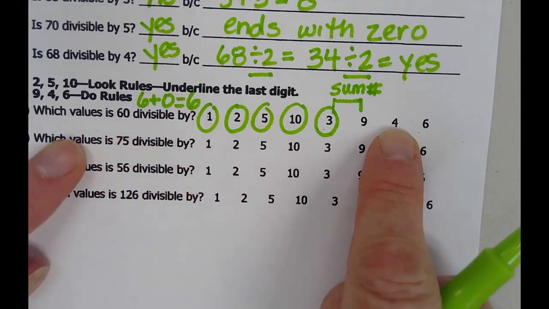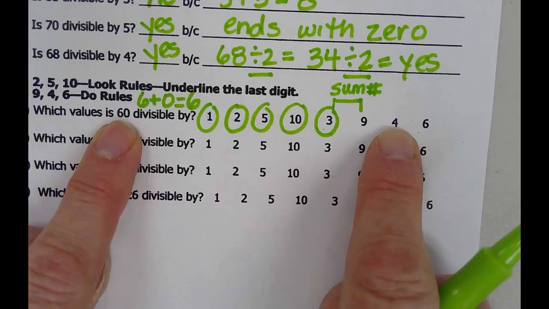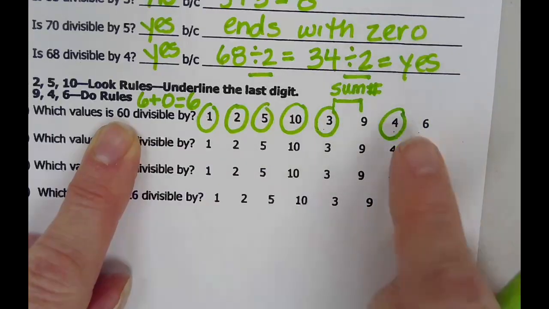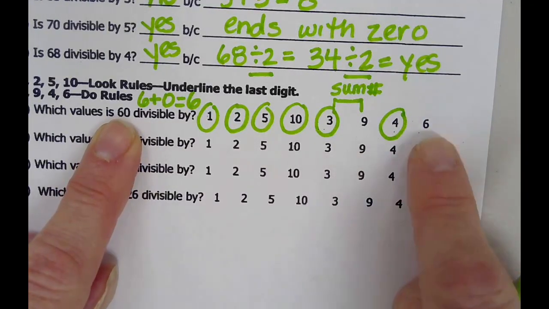All right, let's do 4. First, can I divide 60 in half? Okay, what do I get? Is that even or odd? If it's even, can I divide by 2 again? So I'm going to circle the 4 because I can divide it by 2 and get an even number. Okay, how about 6?